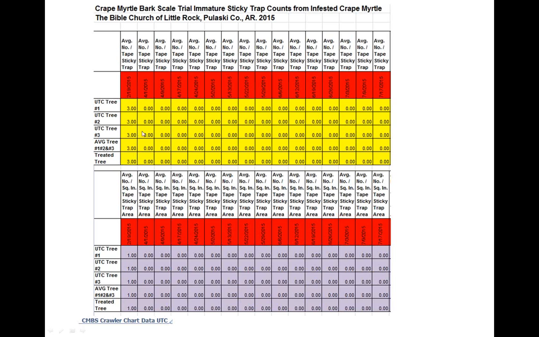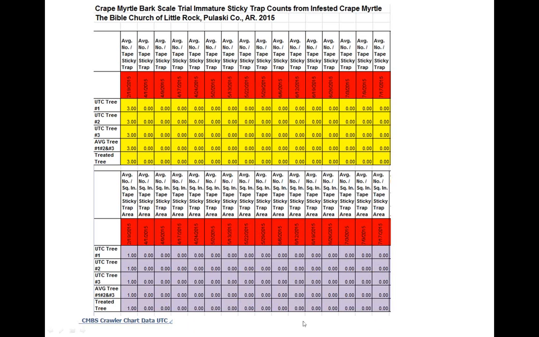We'll have that data throughout the year, and you'll have to change these dates as you go. The yellow boxes indicate the number per sticky tape trap, and the blue boxes will be the numbers for the immatures per square inch of tape sticky trap.